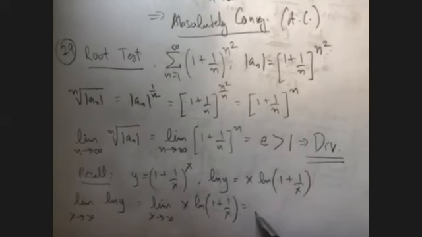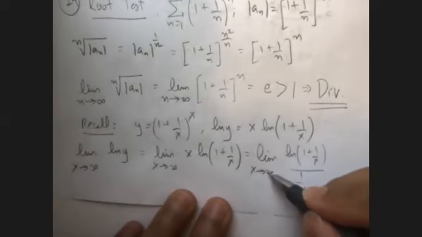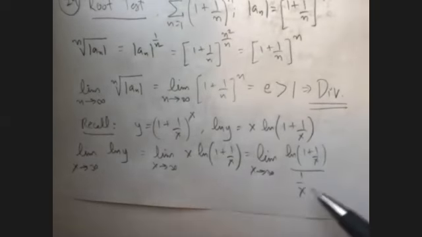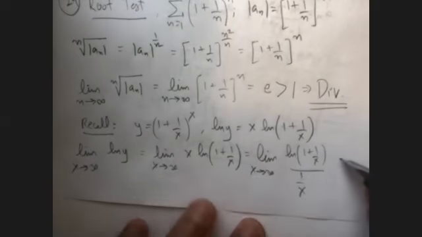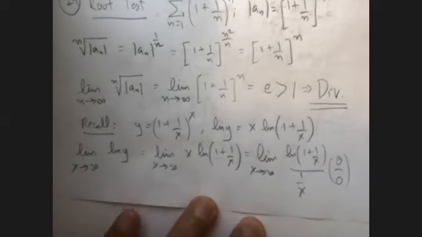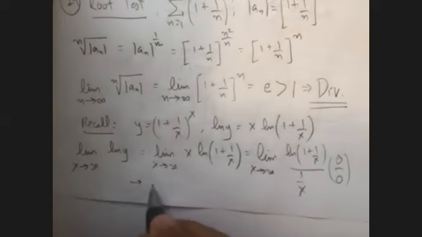So we rewrite this as... so we move this x downstairs. Because now when x goes to infinity, you have ln 1 which is 0 and 1 over x which is 0. So this will be 0 over 0 form. So here we can apply L'Hopital.